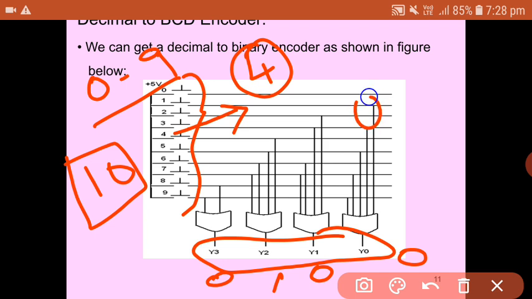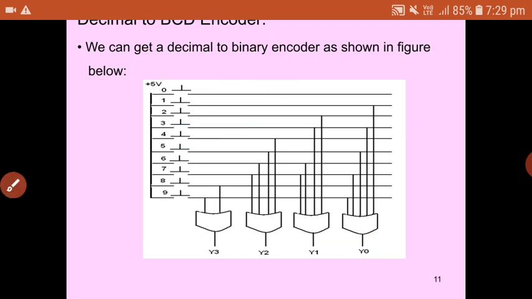So 0100 is the corresponding binary coded decimal for the decimal number 4. Likewise, this circuit is mainly used for converting decimal to binary. So this is the circuit diagram of the decimal to BCD encoder circuit.